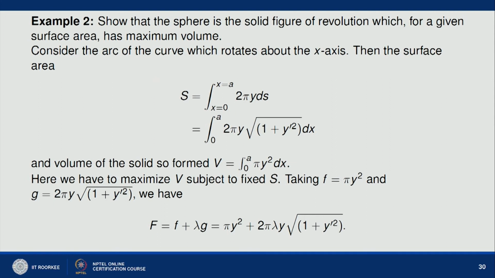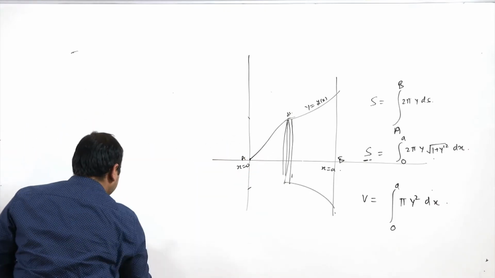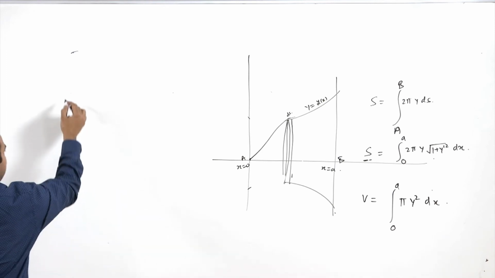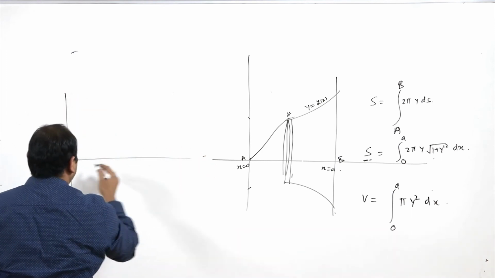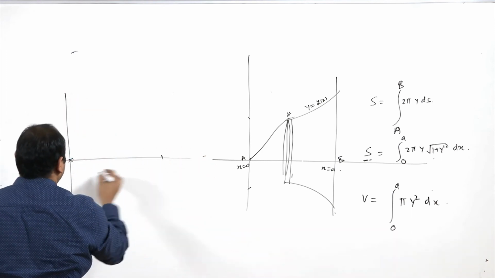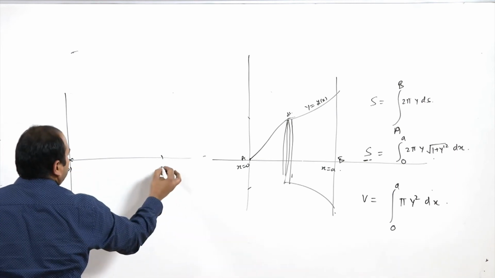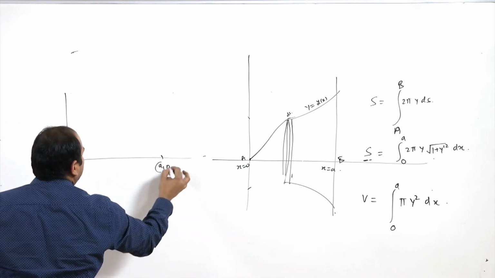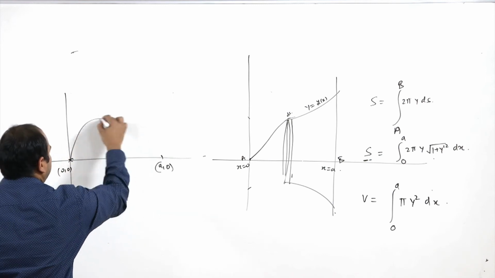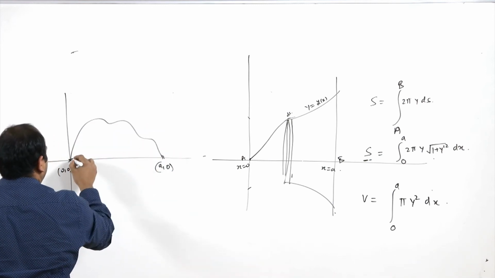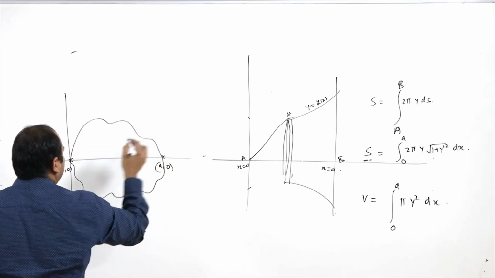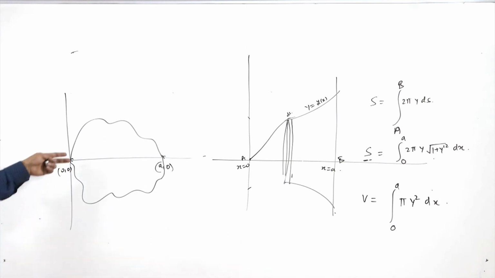So this, in general, is the problem. The curve is passing through the points (0, 0) and (a, 0), so it is something like a curve like this, and when you revolve it you get a shape of revolution.